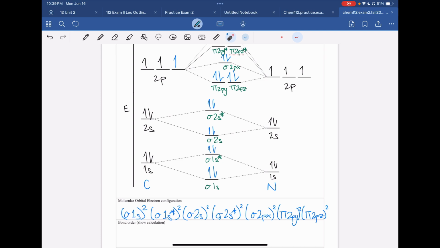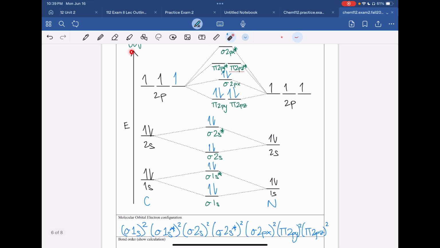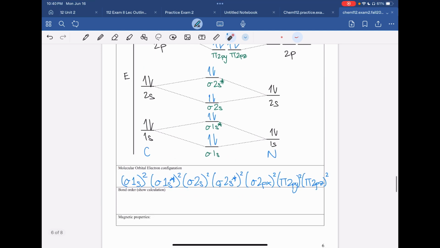Okay, so there is a very specific order. Okay, you're going to want to keep all your sigmas together and then all your pi's together. So notice it's not the direction of the energy, right? Where your sigma and then your pi's, your sigma should be over here. No, it's not how it works. You're going to keep all your sigmas together and then you're going to follow the order of bonding orbitals, anti-bond.